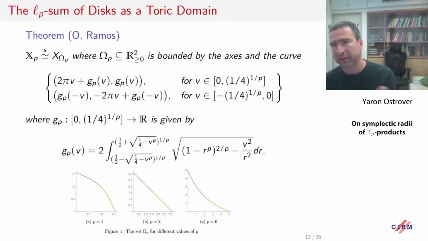So the toric image changes when p crosses the value 2. And of course, for p equals 2, it's the sum of 2 disks, which is just the ball. So we get the Euclidean ball in this case.